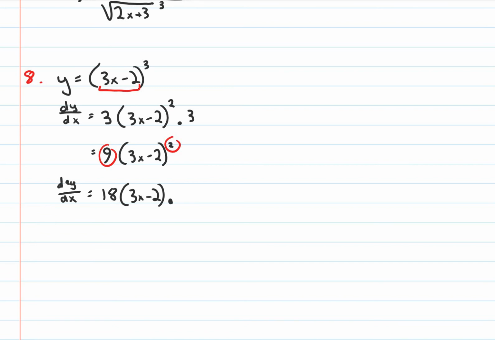And then we multiply that by the internal bit differentiated, which is 3. And that will give us then 54(3x minus 2). Okay, so there's 8 done.